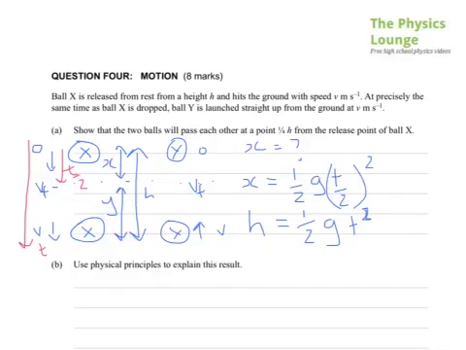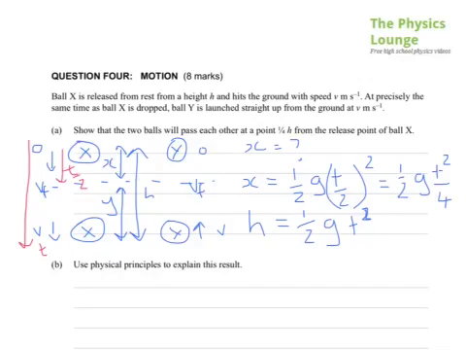Okay, so now we've got two terms and two parts that are in terms of t squared and g. We could expand out the x term to make it half g t squared over 4. So we've squared the t and we've squared the 4. And if we wanted to take this a step further, we could put x in terms of h, which is what we're trying to get straight away.